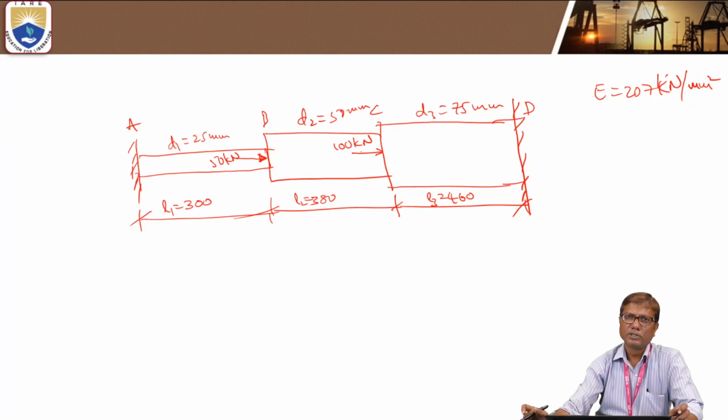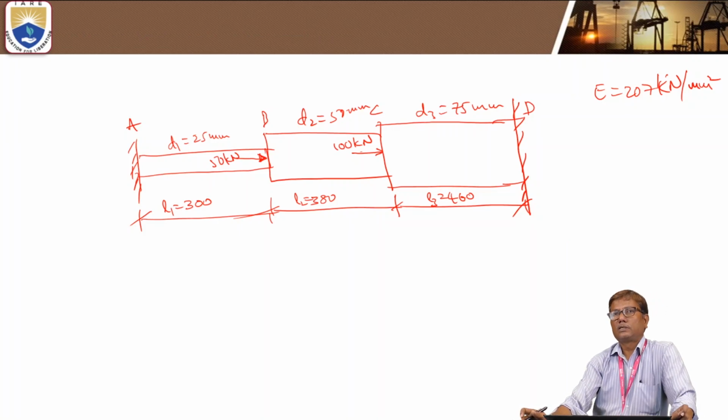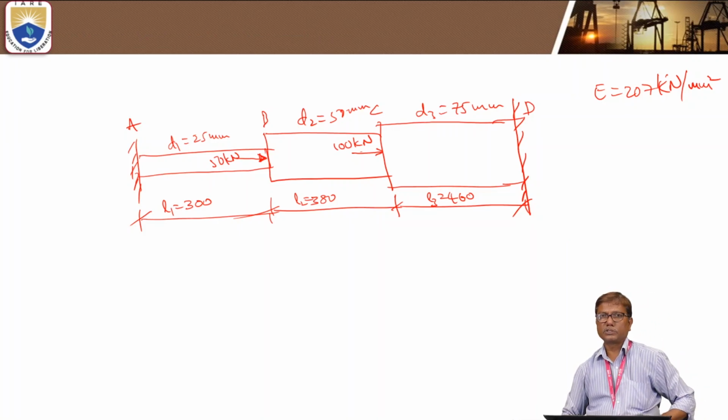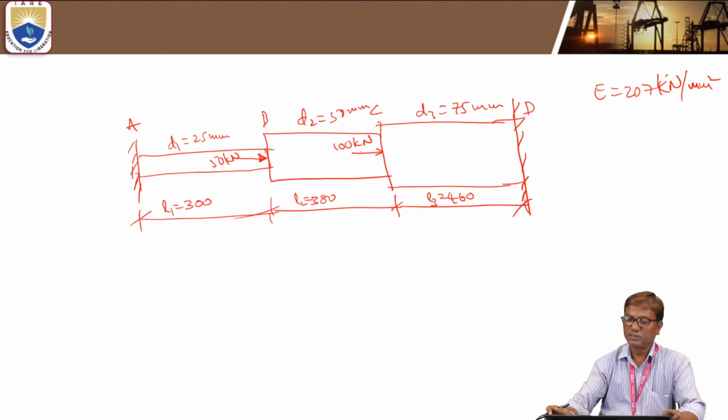One portion may get elongated, the other may get contracted, depending on whether the stress is tensile or compressive. Is this clear?